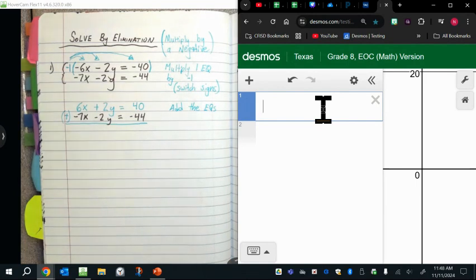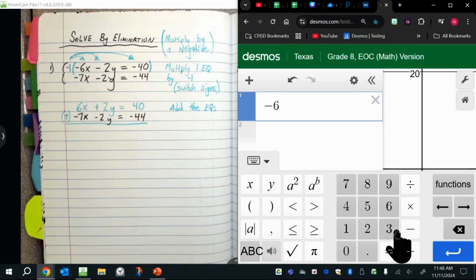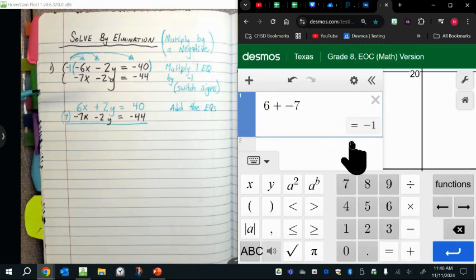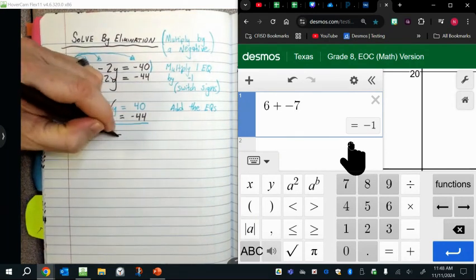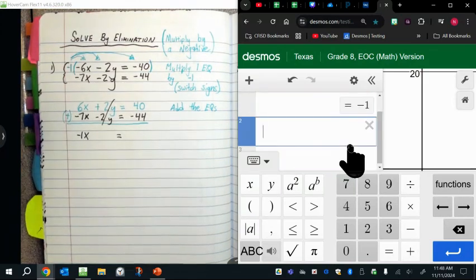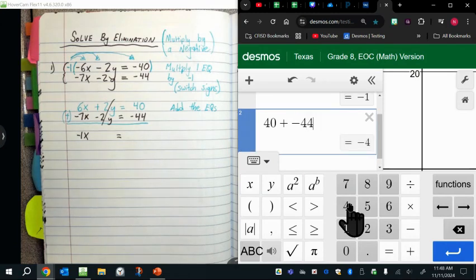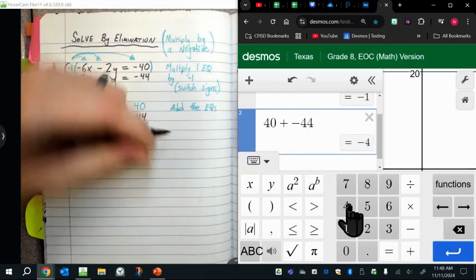So -6 plus positive 6, plus -7, is -1. That eliminates, and 40 plus a -44 is -4.